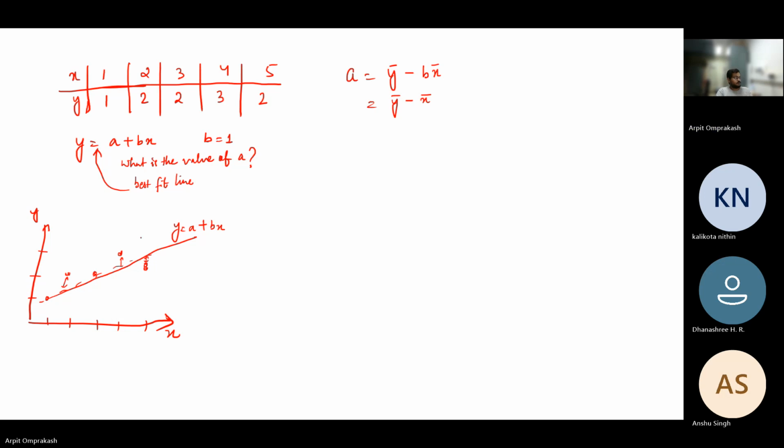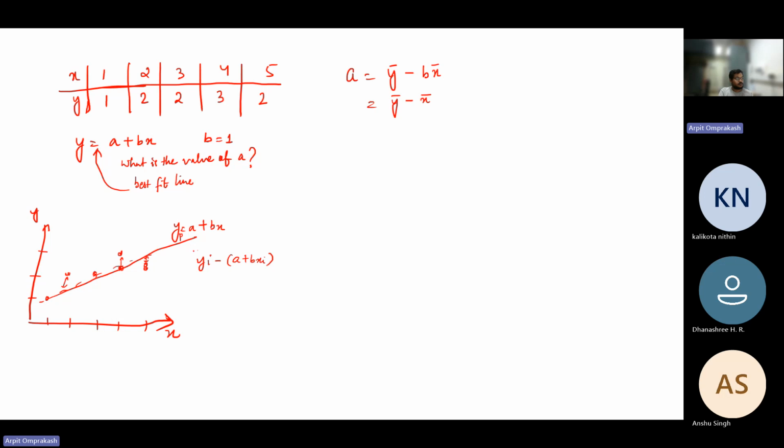So these errors will basically be the values of yi minus the predicted values of y at the point, right? So yi minus (a plus bxi), because this is basically the formula for y predicted, right?